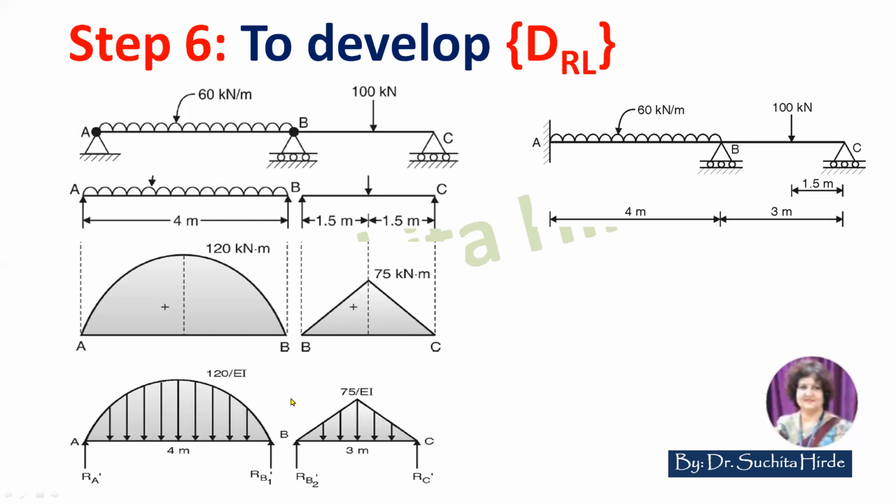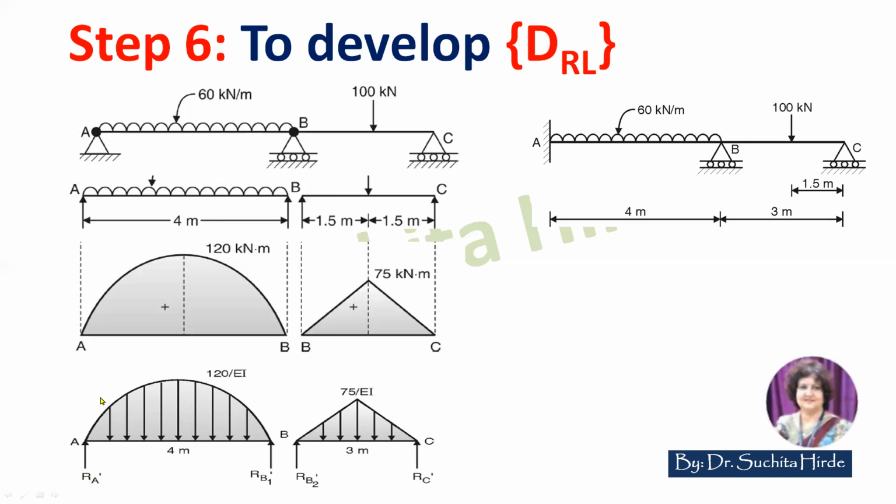What do we want to calculate? We want to calculate displacement in release structure due to load. That means theta here, the displacement corresponding to the coordinate. The displacement corresponding to the coordinate at A is the slope at A, and at B is the slope at B. Here the displacement in the original structure, that is the slope in the original structure, is nothing but the shear force in the conjugate beam.